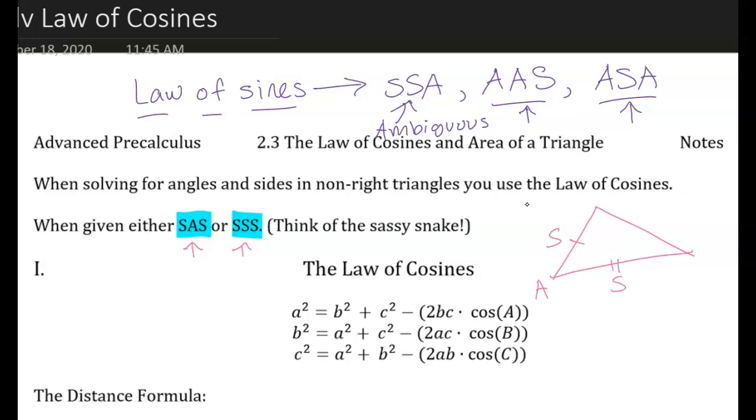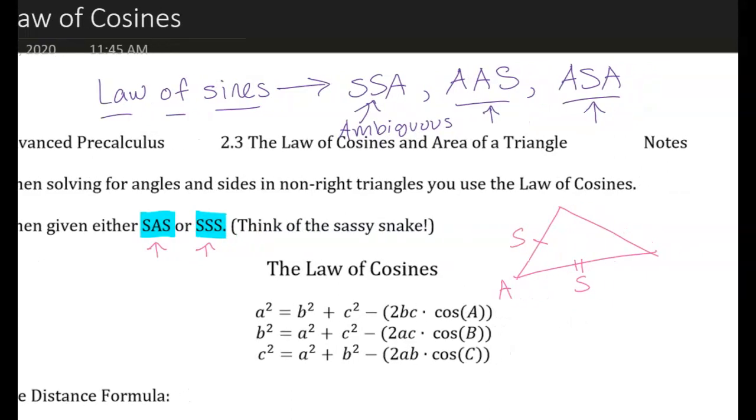You can use law of cosine. Notice on this triangle here, I can't possibly apply law of sine because I don't have a side across from an angle. And remember, law of sines is the sine of an angle over the side across from it. So because I'm not given those things, I can't apply law of sine here. Instead, we use law of cosine.